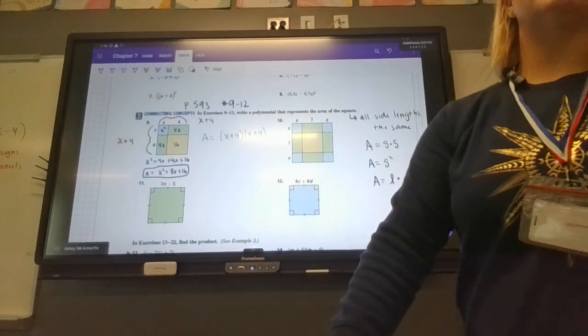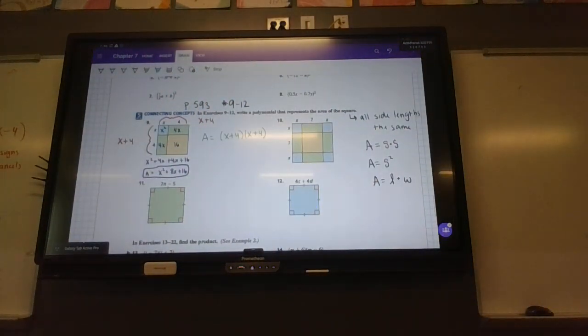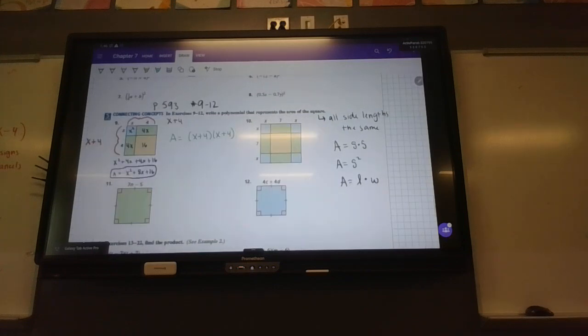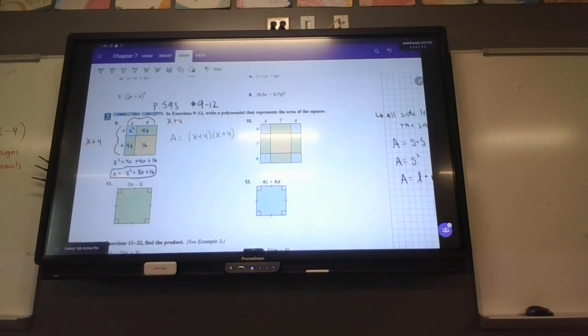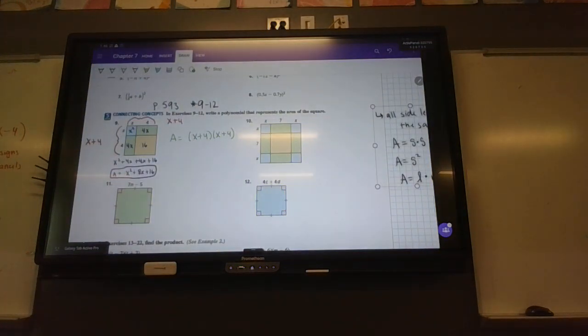All right, number 10 is more complicated. There's too many in 10, isn't there? So we're going to simplify this. Instead of just x plus 7 up here, Nathan, how many x's do we have? James is right, 2.